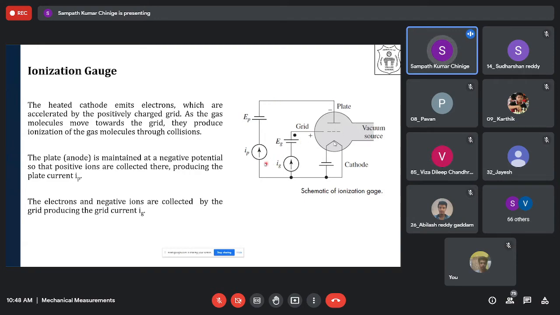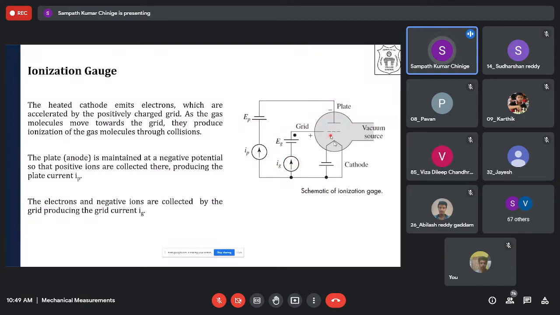Thereby, we have two types of currents being generated. The negative ions as well as the electrons are attracted by the positively charged grid, and this creates a current which is called the grid current, IG.